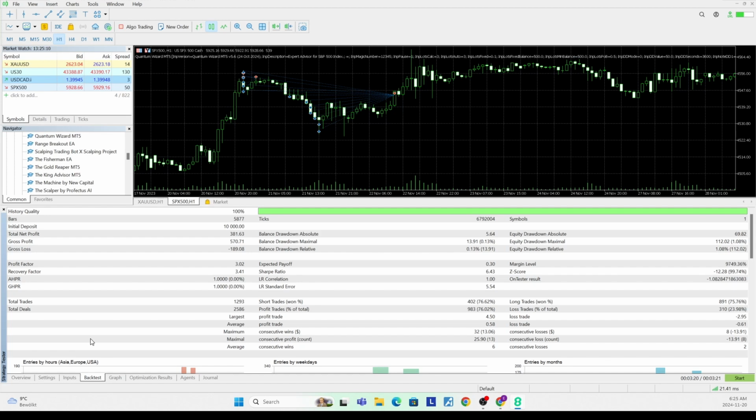One thing to note as well is I'm always very skeptical of running any sort of grid martingale system on an asset which trends like crazy. To give you an example, like the S&P 500, it trends. It's a US equity market, so it always trends over the long term, at least typically, historically over the past 100 years, it has trended to the upside.